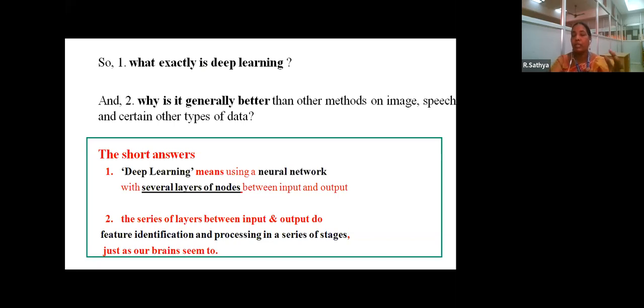Normally in school days, or even in our first year, a common question everybody will ask is: what is a computer? What are the parts of a computer? Input device, output device, and in between the CPU or central processing unit. That's it. Our entire computer is defined with only three parts, right? Input, output, and processing.